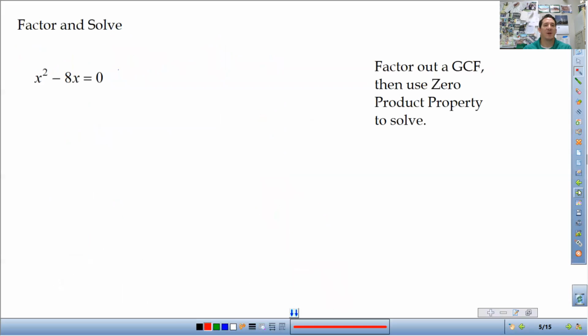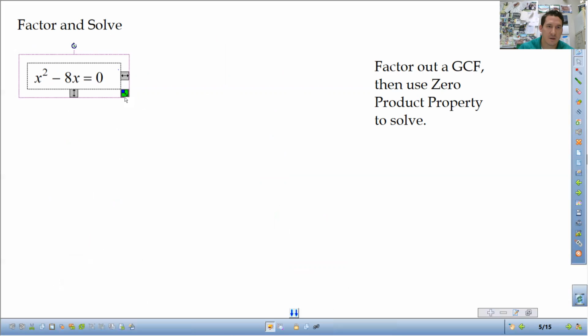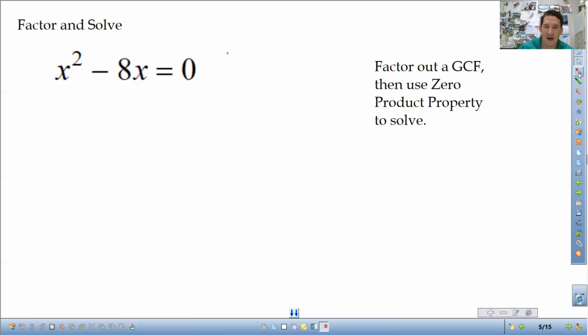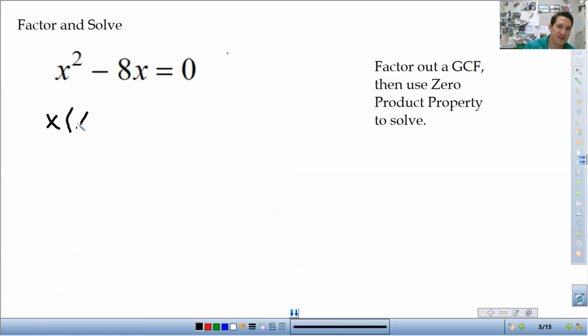Let's get that one. So here, we're going to have problems like this. x squared minus 8x equals 0. We need to solve. So what we do is factor this first. I can factor using a GCF. They have an x in common. So you take out an x, I'm left with x times x minus 8 is equal to 0.